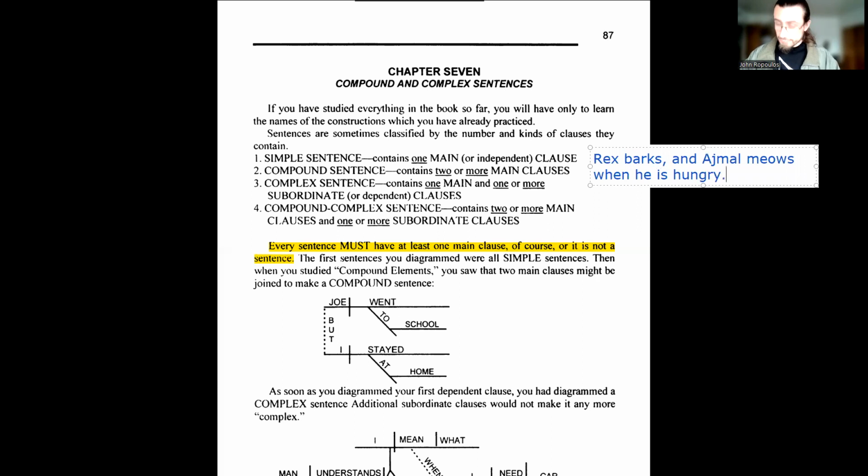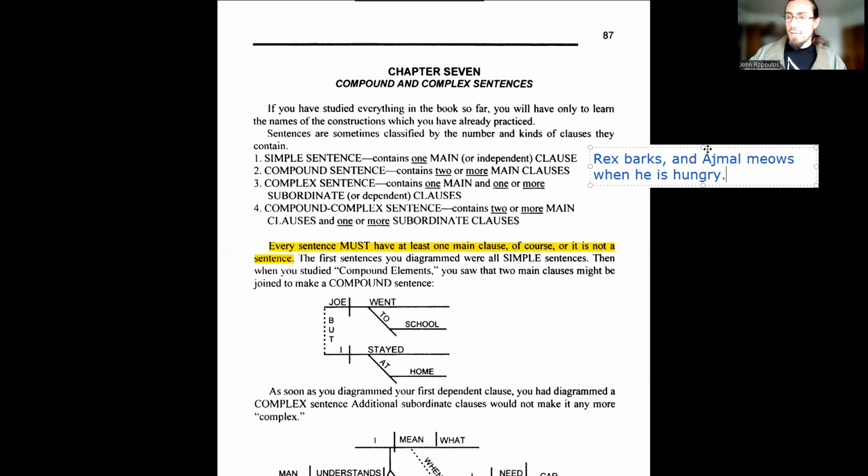So look, we have an independent clause, Rex barks, a coordinating conjunction, right, with the comma, and Edgemel meows, and then we have an adverb clause, when he is hungry, talking about Edgemel. So that has two independent clauses and a subordinate clause. And that's all you need for a compound complex sentence. That's the bare minimum. Contains two or more main clauses and one or more subordinate clauses.